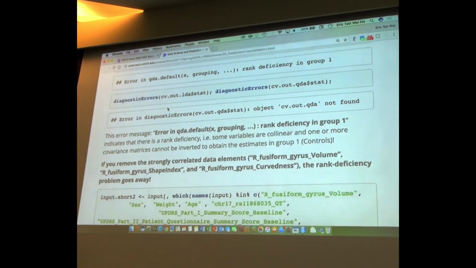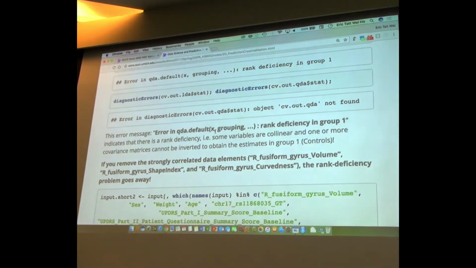I left this specific message here because for the QDA, which is a model-based quadratic model prediction, you have to have independence of the prediction features. If they're collinear, you've got a problem, and that's the problem that the QDA is reporting here.